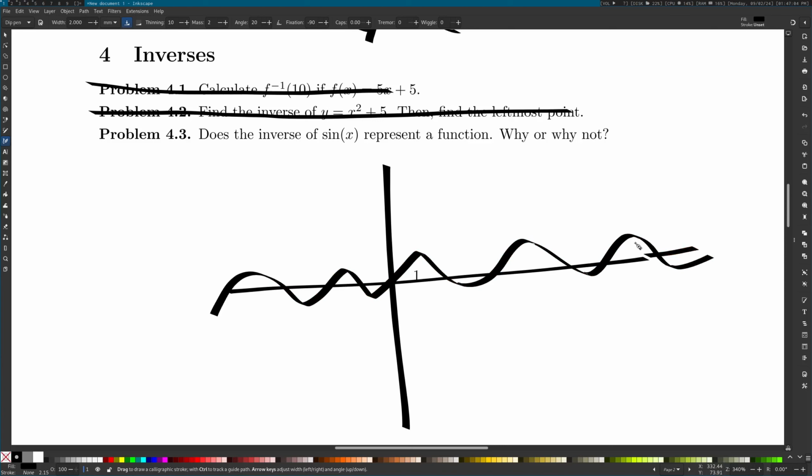Let me see if I can get it to show the real stuff. F of x is this. F of y. Inverse is.